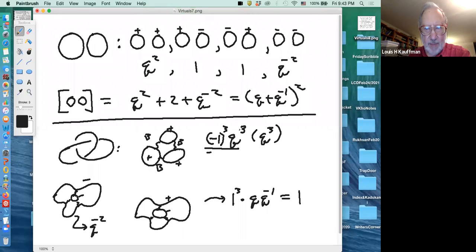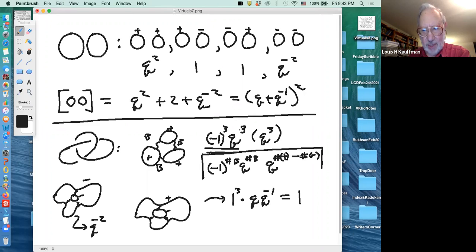So this is from the smoothings, and this is equal to minus 1 to the number of B's times Q to the number of B's times Q to the number of plus minus the number of minus, which is what the contribution is going to be from each enhanced state.